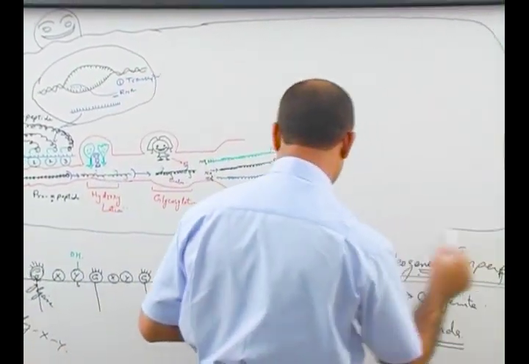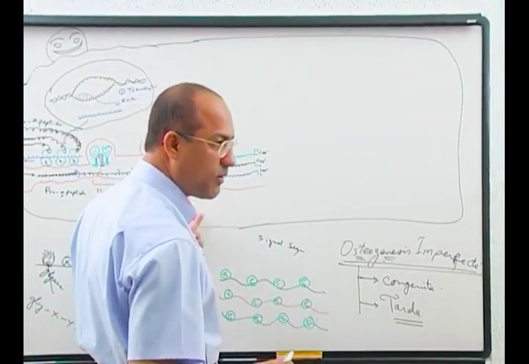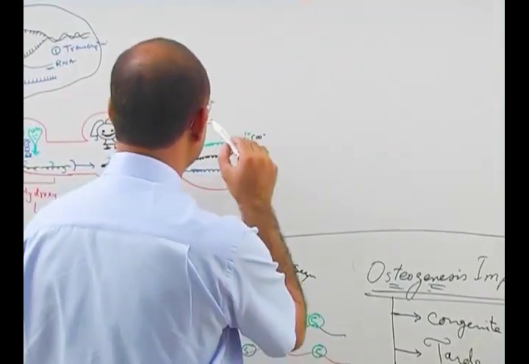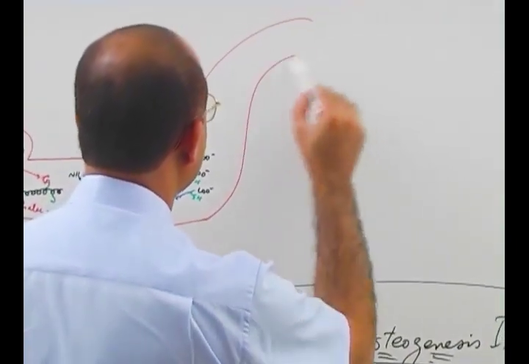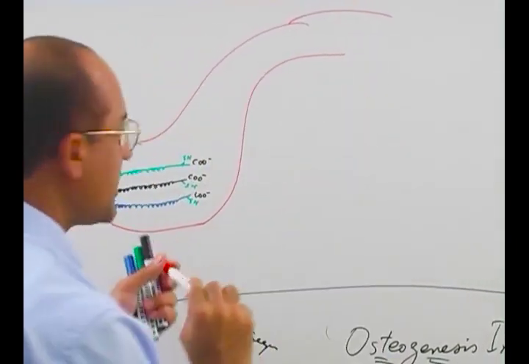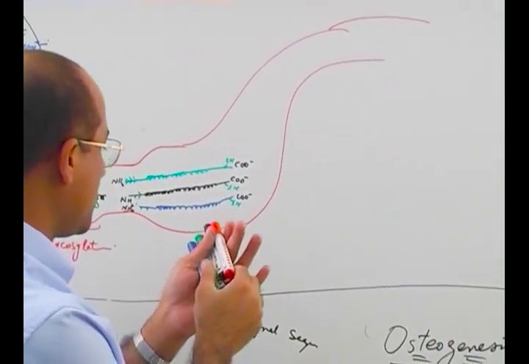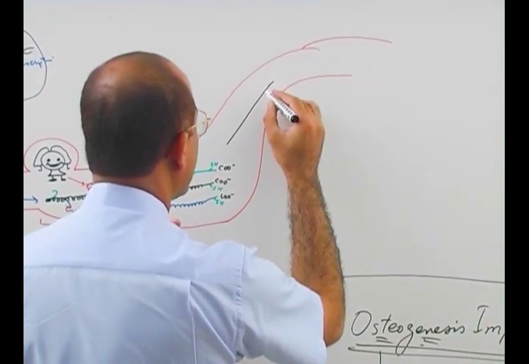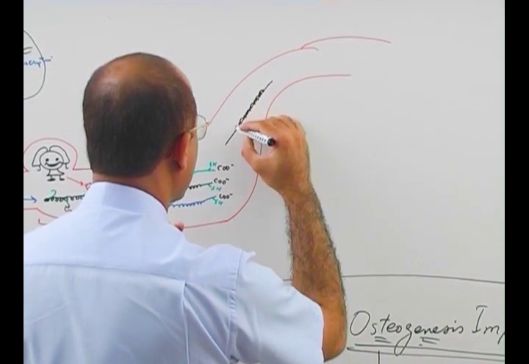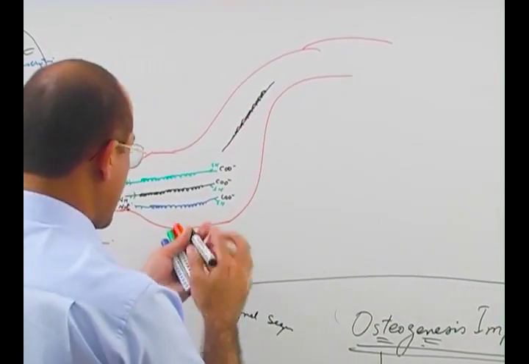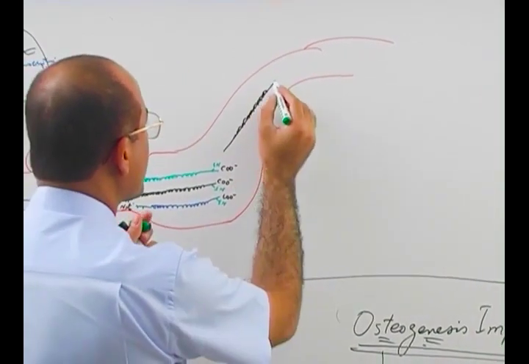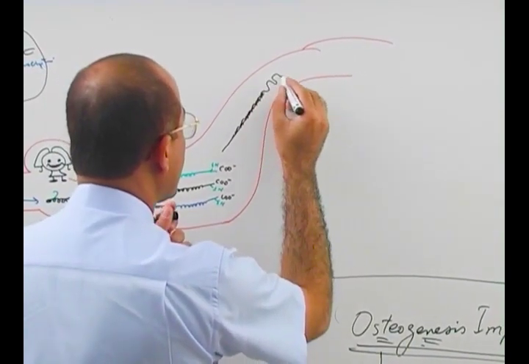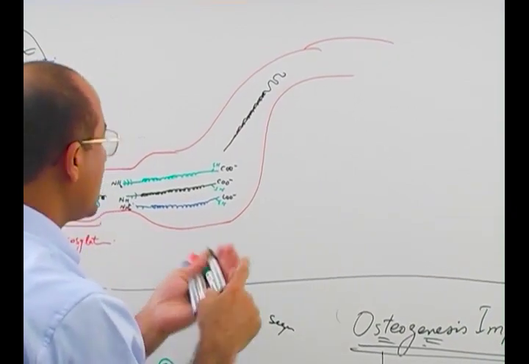Right, so don't forget the cell was fibroblast. Now what will happen in the next step? All this travel is going on in which thing? Endoplasmic reticulum. So what you will find? What is this? Carboxyl end, right?